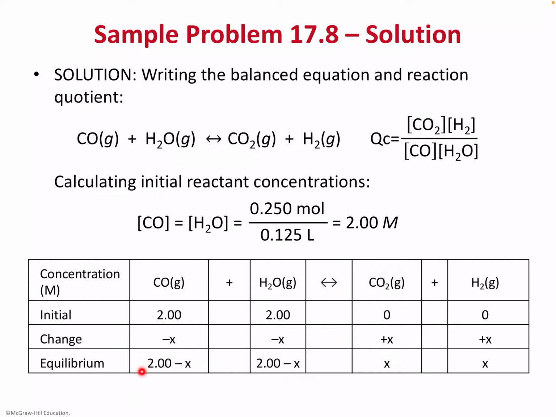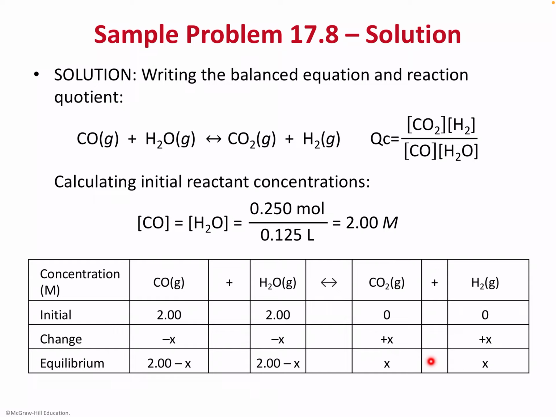At equilibrium, for the reactants, you started with 2 molarity. Now x has reacted, so 2 minus x is what is left for carbon monoxide, 2 minus x for the water, and carbon dioxide and hydrogen will have x amounts. Now these are our equilibrium concentrations.